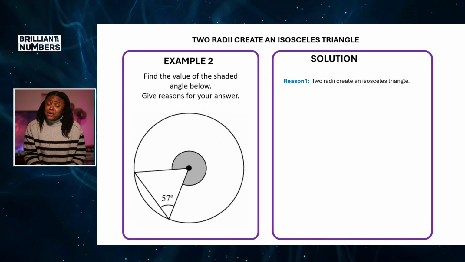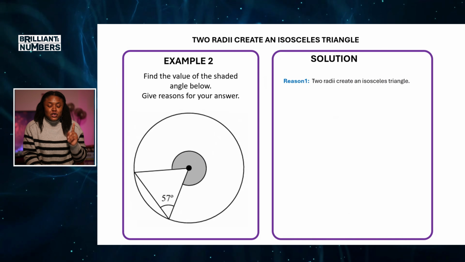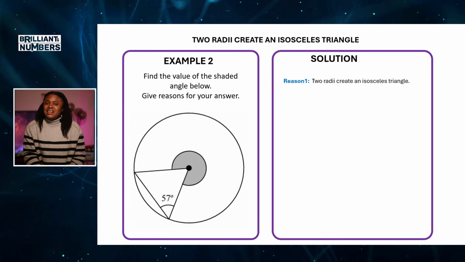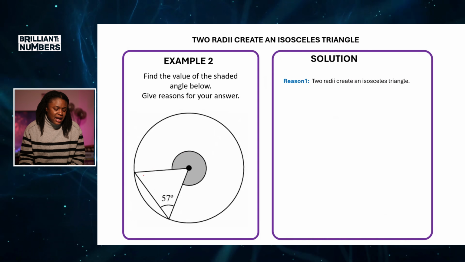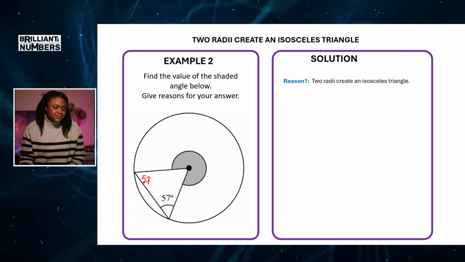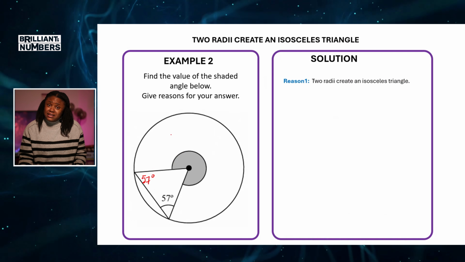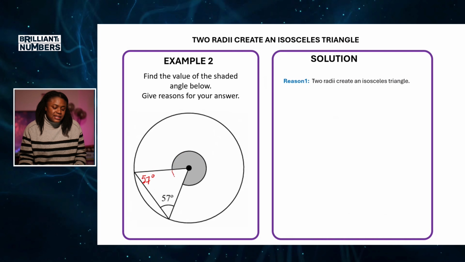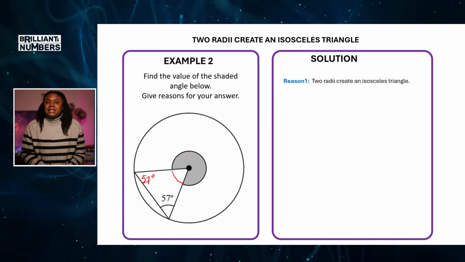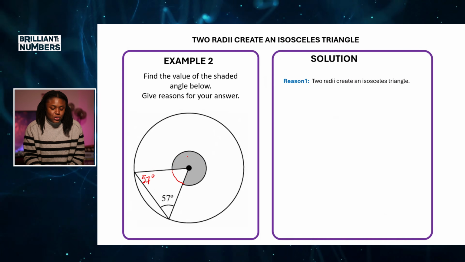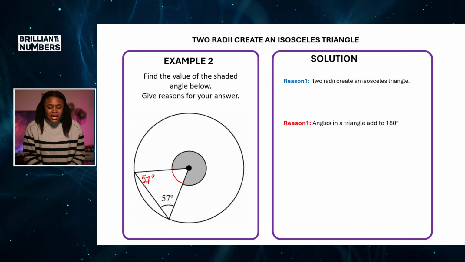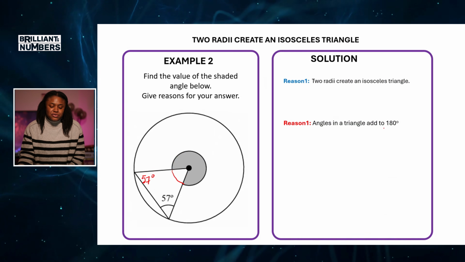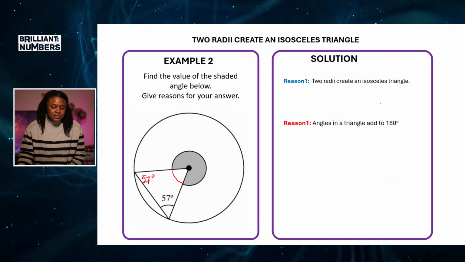So reason number 1, my theorem, two radii creates an isosceles triangle. So I'm just going to write that one in on the diagram to close my gaps. So that means I will now need to find this angle here that will complete the circle. So I'm going to now draw for rule number 2 that I could use here. So I know the angles in a triangle add to 180 degrees.